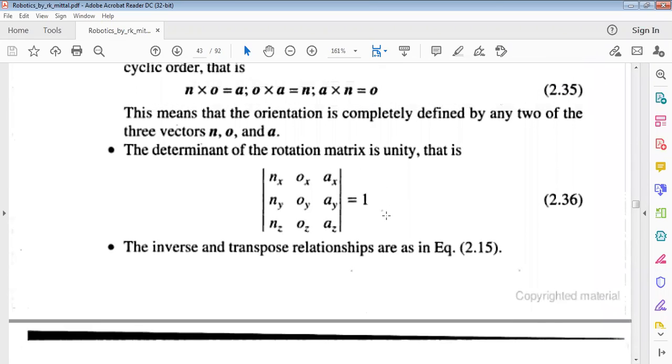And the inverse and transpose relations are the same as in equation 2.1.